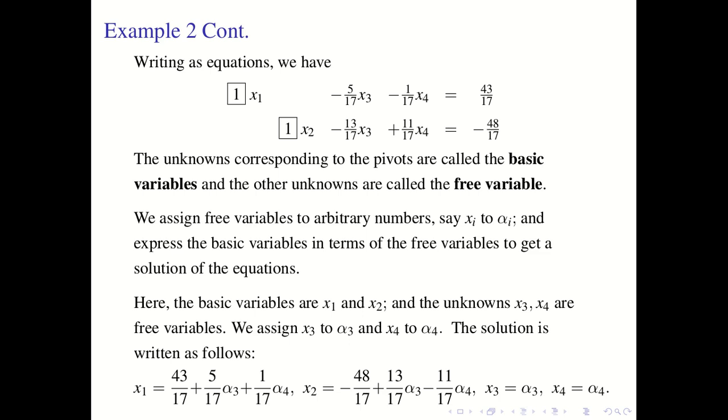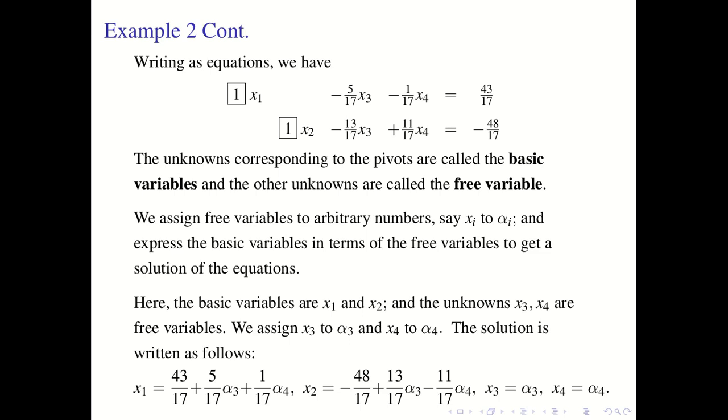Here we have two equations and four unknowns. The unknowns corresponding to the pivots are called basic variables, and the other unknowns are called free variables.